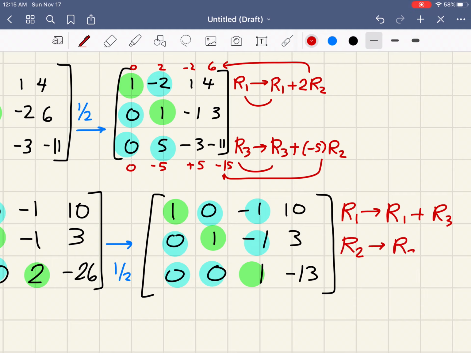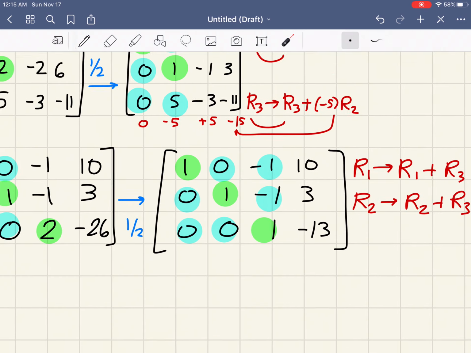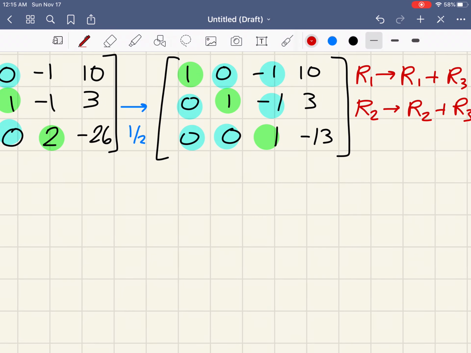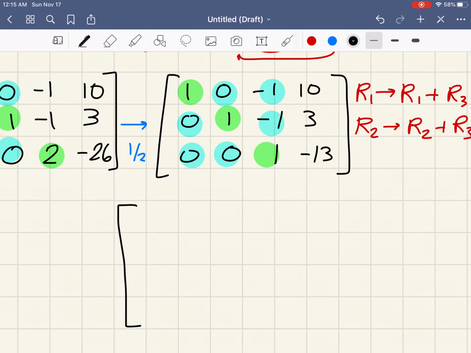Replace with row 2 plus row 3 because it'll just zero out, right? All right, so our final row reduced echelon form of this matrix. Well, row 3 is already there, so we'll just add it.